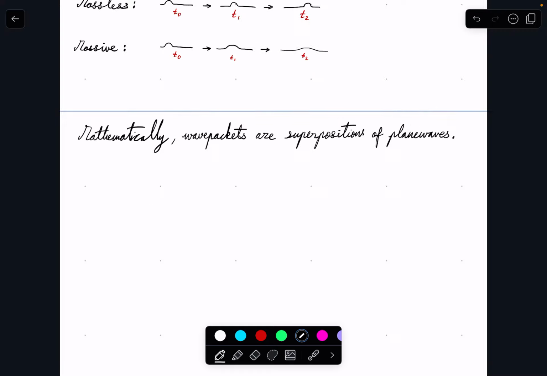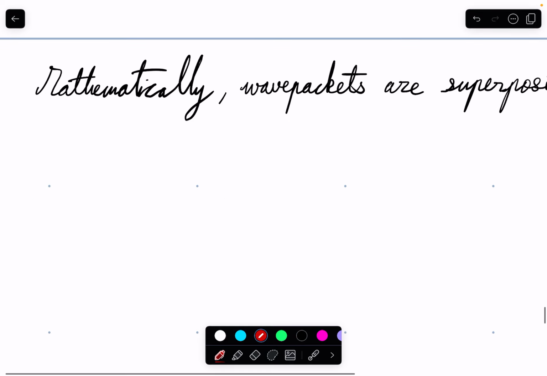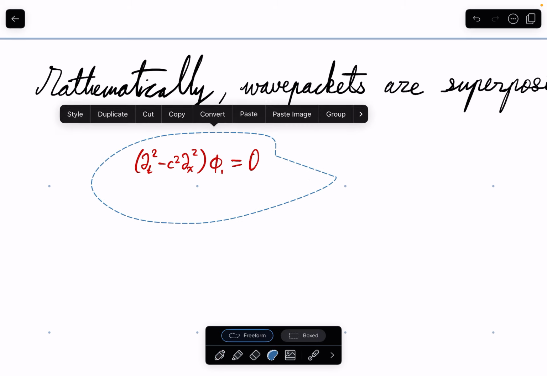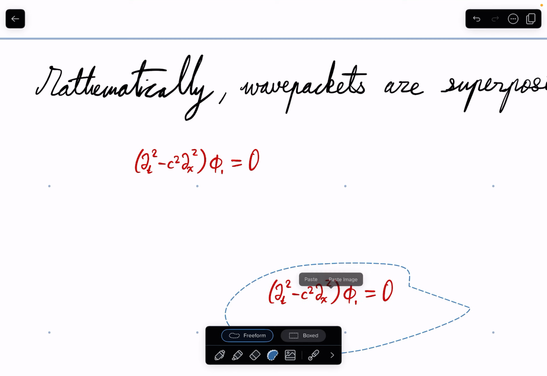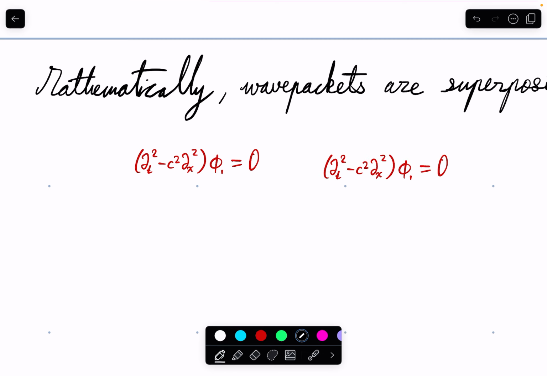So, how does this work? Well, suppose that the wave equation is satisfied for one wave, phi 1, and it's satisfied for some other wave, phi 2.